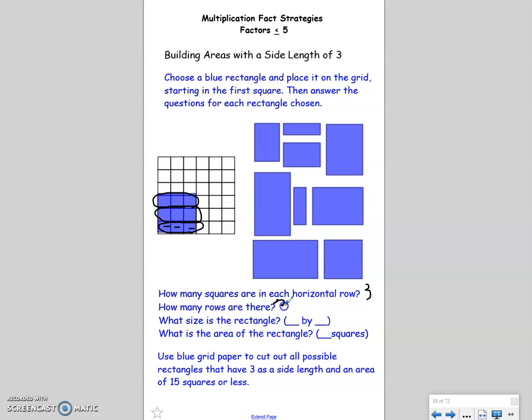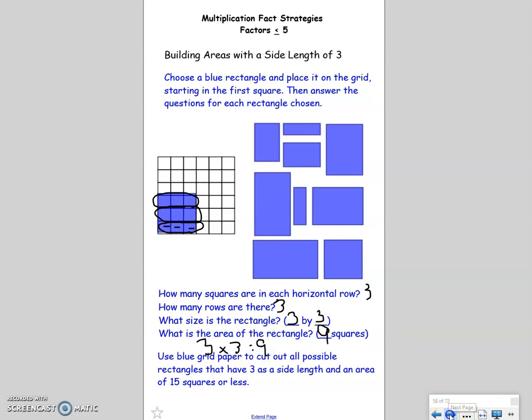So this rectangle is a 3 by 3 rectangle. Go ahead and find the area of this rectangle by counting all of the squares. What is the area of this rectangle? You're right, the area of this rectangle is 9 squares. So, I now know that 3 times 3 equals 9.